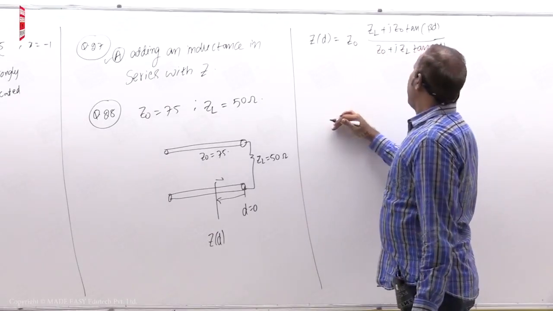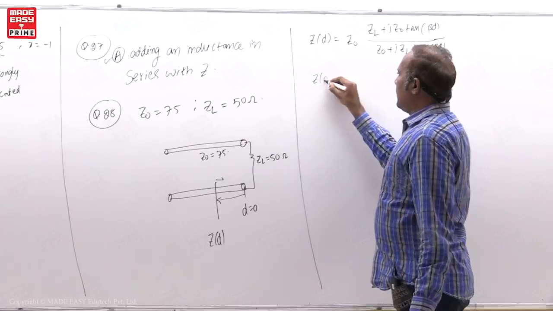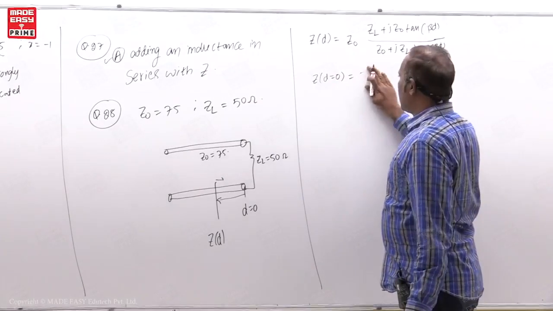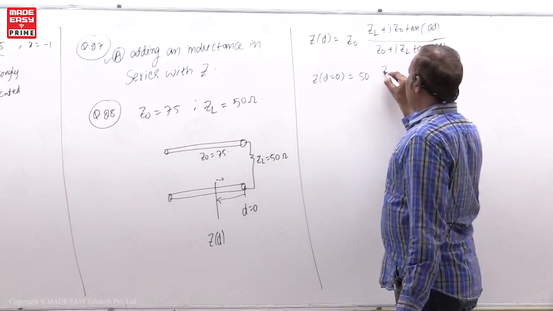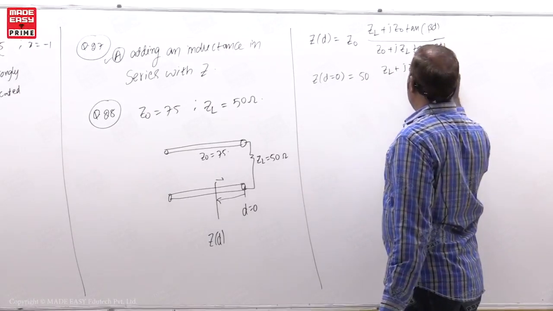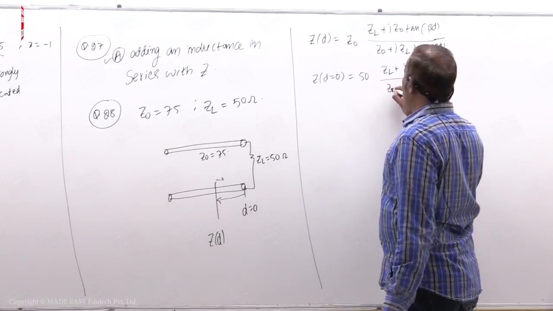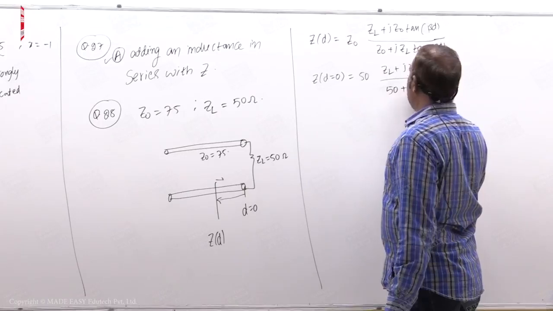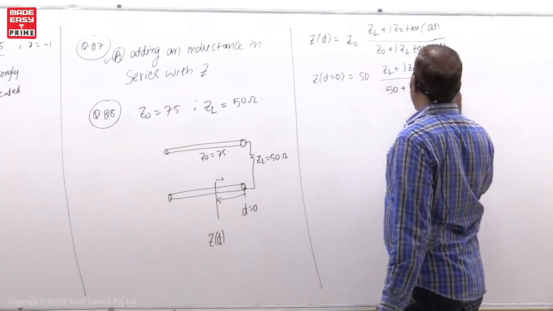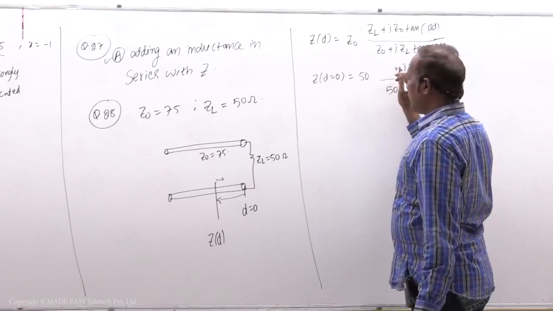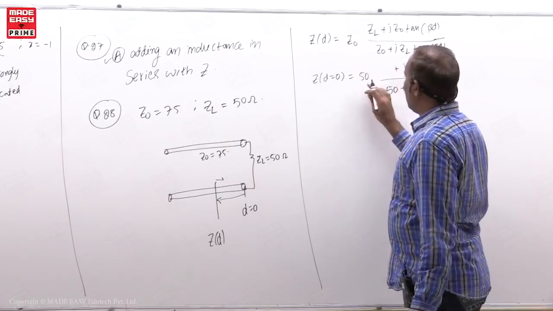Now at D is equal to 0, this is Z0 ZL plus jZ0 tan 0, divided by Z0 plus jZL tan 0. Here ZL is how much? No, student, there is a print miss.